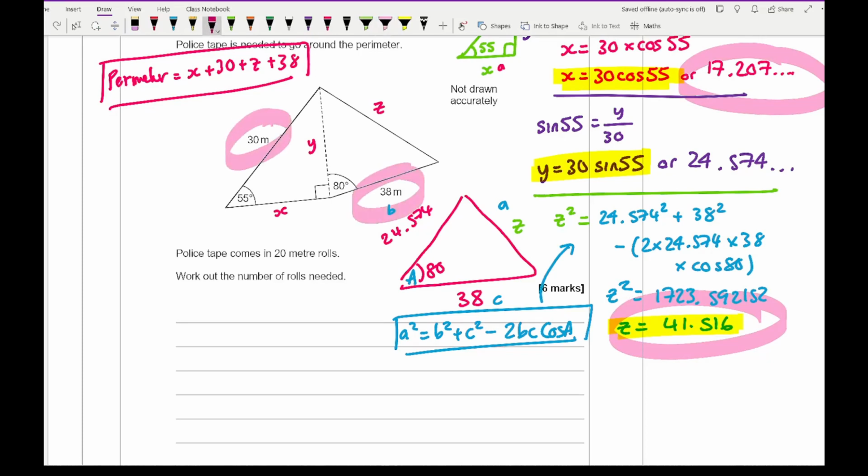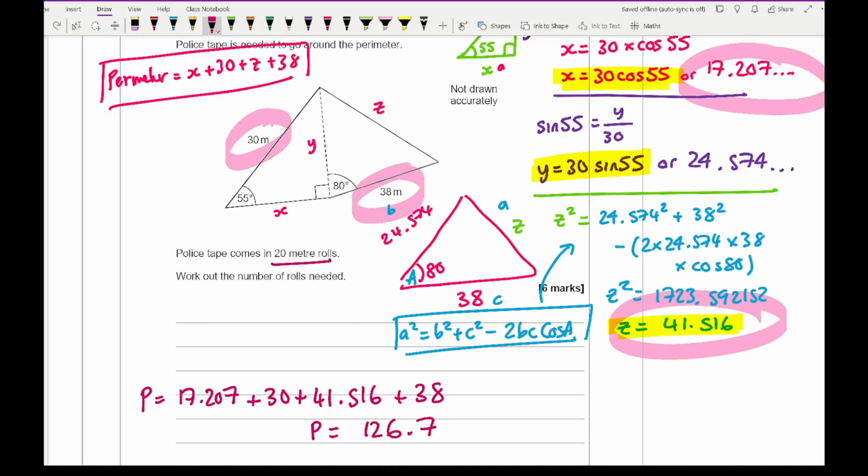So then the perimeter of the shape is going to be x, which is 17.207, plus 30, plus z, which is 41.516, plus 38, and I get that the perimeter is going to be roughly around 126.7.